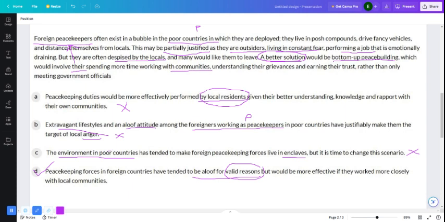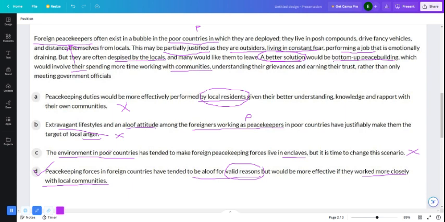They're just performing their job, but would be more effective if they worked more closely with local communities. Exactly what is being said here, that they need to work in a bottom up approach, bottom up peacekeeping, in which they're involved with the communities.